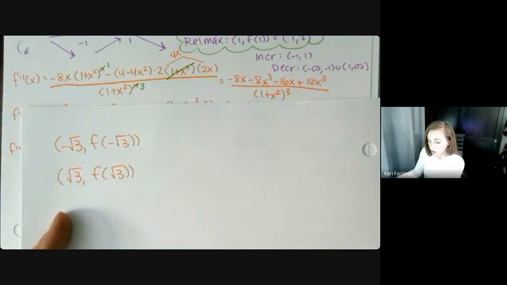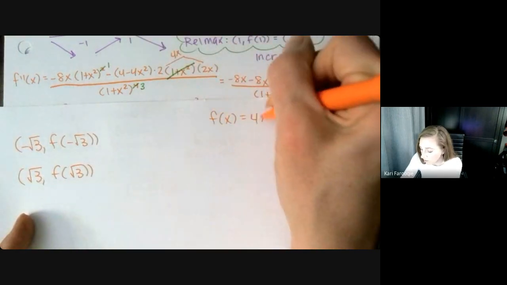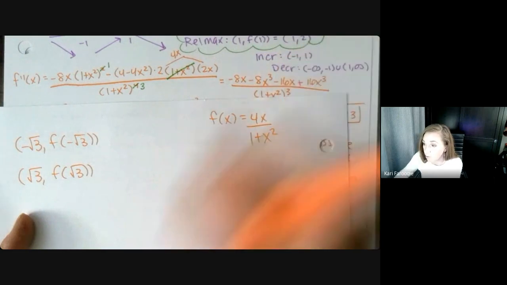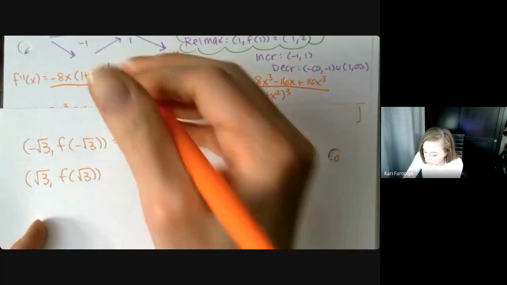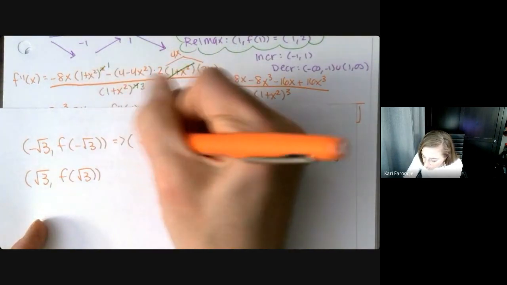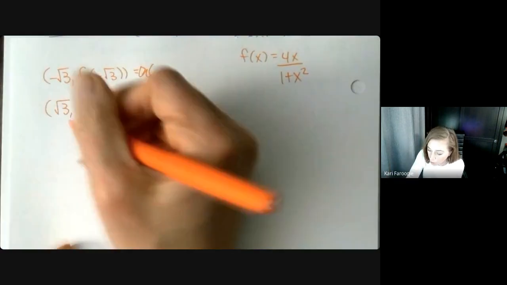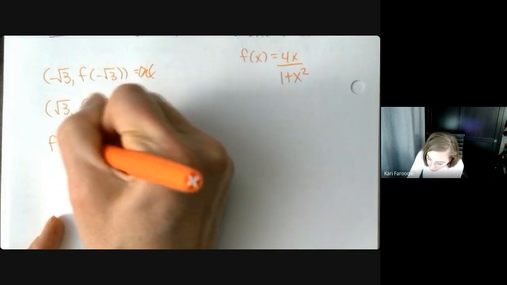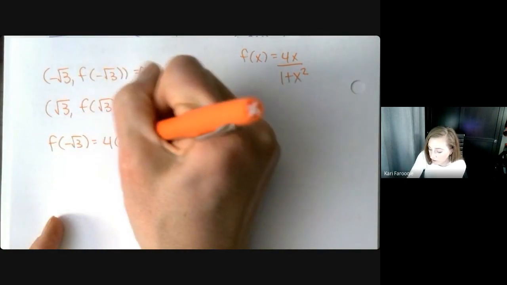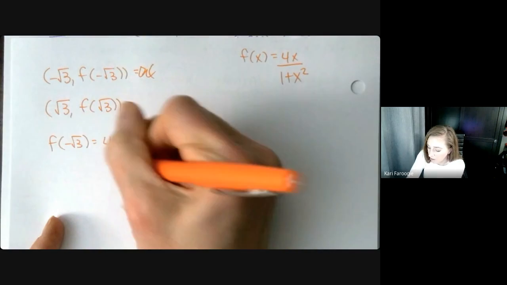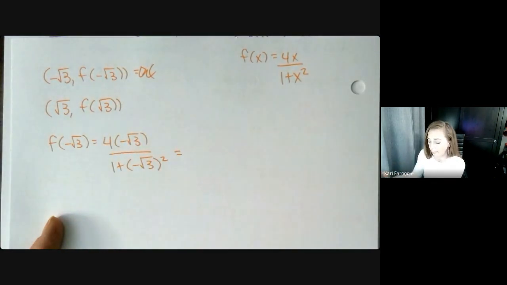Okay, so my original function was f of x is 4x divided by 1 plus x squared. If I'm trying to find the function value here, I'm going to write this below. f of negative square root 3 is equal to 4 times negative square root 3 divided by 1 plus negative square root 3 squared.